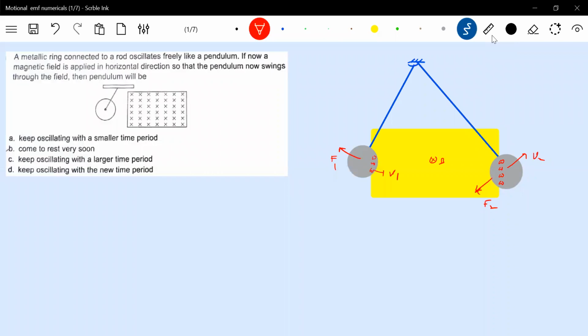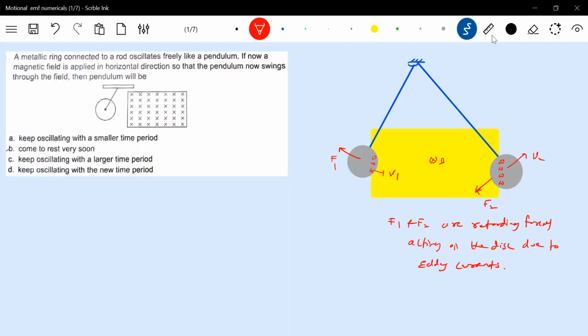So F1 and F2 are retarding forces acting on the disk due to eddy current.